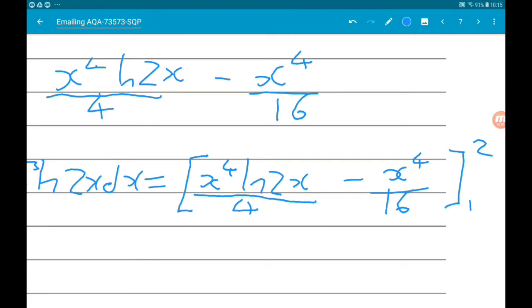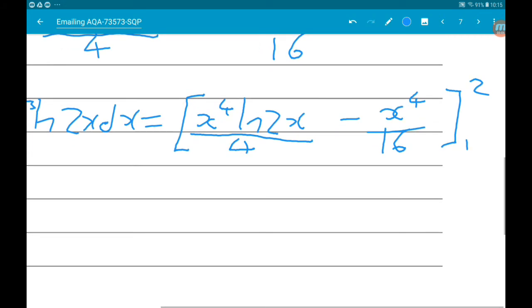Okay, so let's start substituting the numbers in. So we're going to get x to the power 4 is 16.